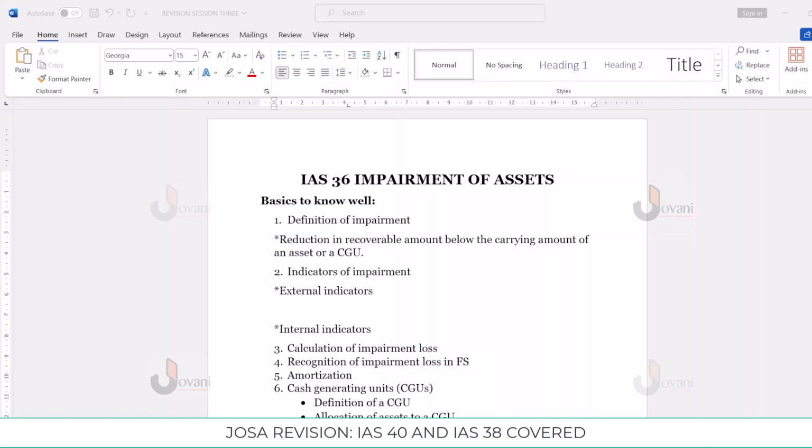When the market value is below my carrying amount, below the carrying amount of the iPhone. Perfect. So you've told us that any decrease in the market value of the asset.